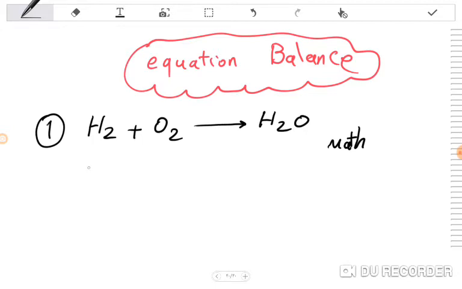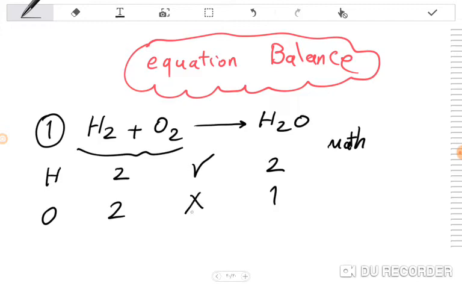In other words, on the left side, the number of H is 2. Right side, the number of H is 2. The H atom is balanced, but on the left side the number of oxygen is 2, while on the right side the number of oxygen is 1, not balanced.